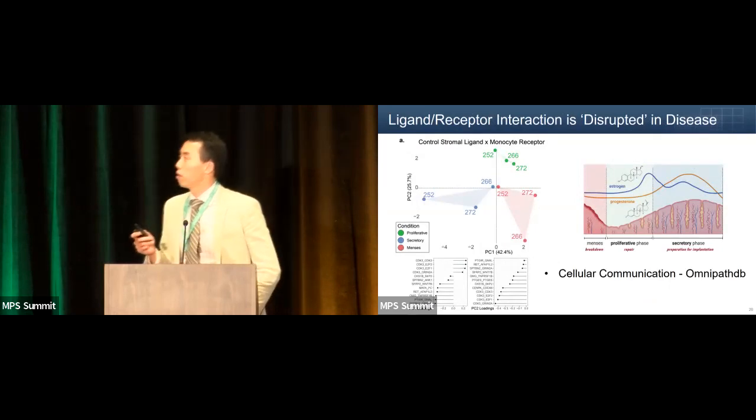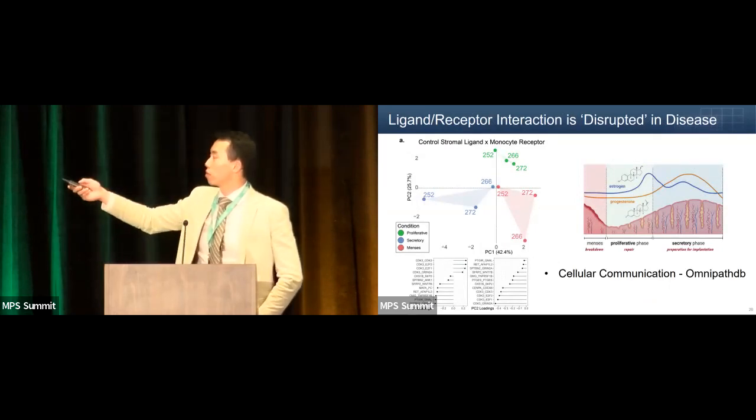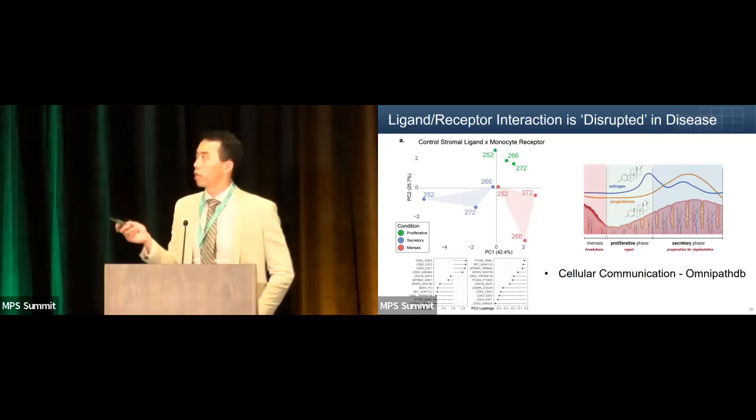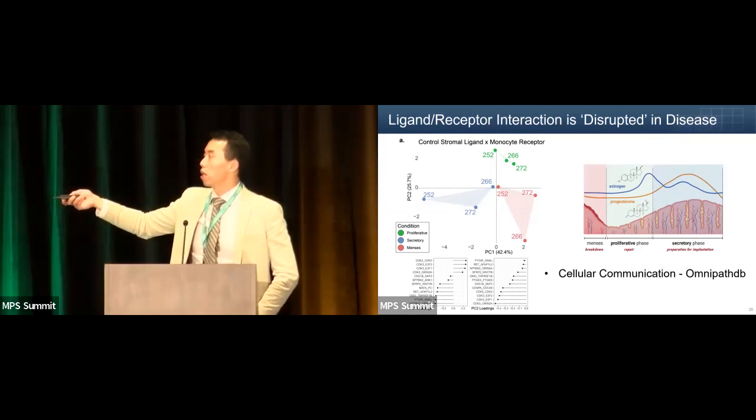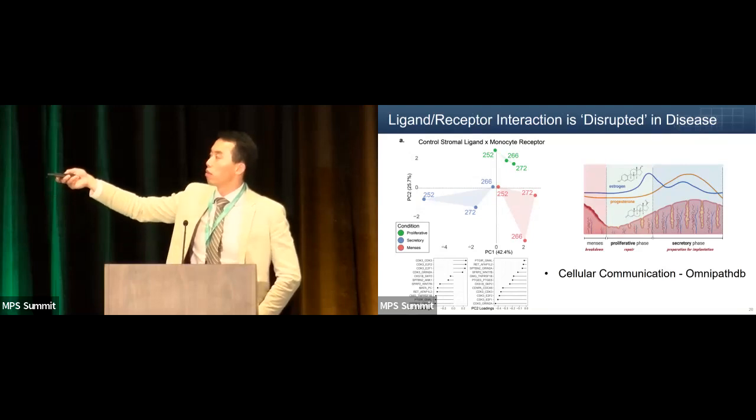And finally, we did a little fancy footwork in terms of trying to understand what the ligand receptor interactions are and how they are disrupted in disease. So we took genes from a reference database of cellular communication called OmniPathDB, and we took our data sets.